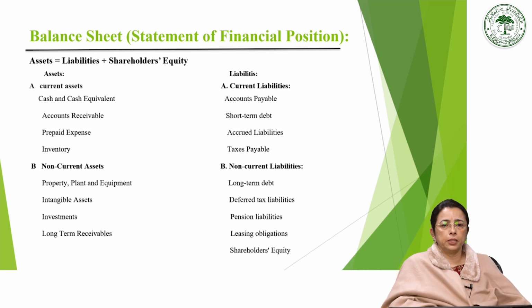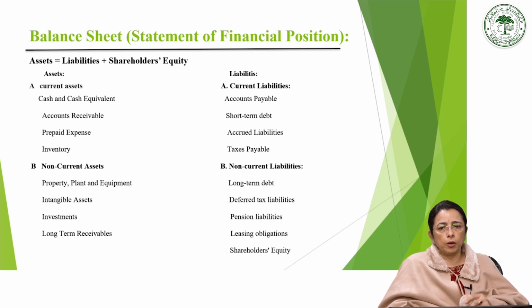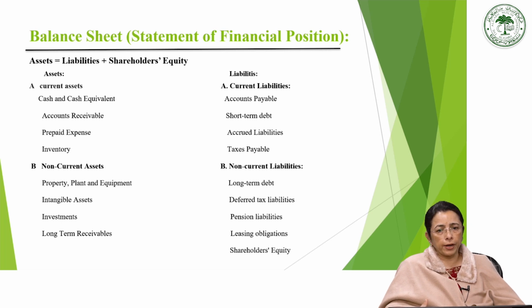Then leasing obligations, long-term duties covered under leasing contracts. Maybe your factory site or your machinery you have taken on lease, and these leases have to be paid back over a long number of years. Then it comes under the non-current liability or the fixed liability.